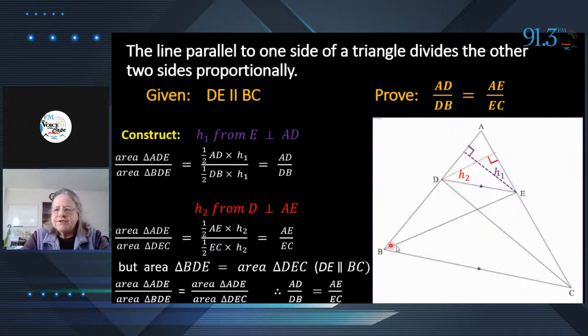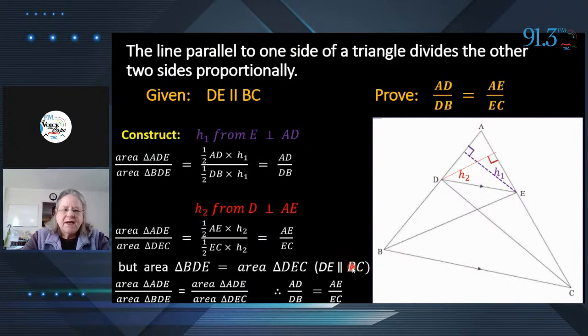Let's have a look in our picture. So here are our parallel lines. And you can see from two slides back that these two triangles, DBE and EDC, have the same base, and they are between parallel lines. That is why we give the reason DE is parallel to BC.